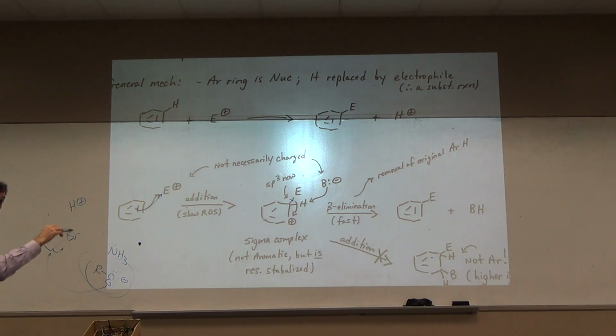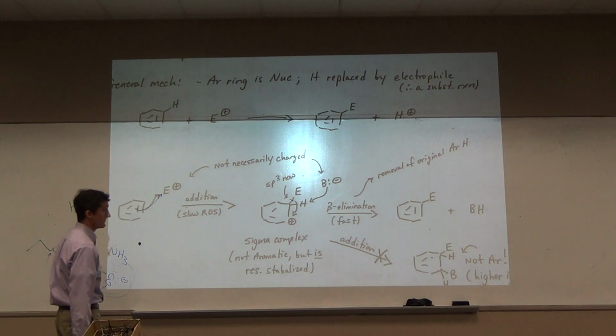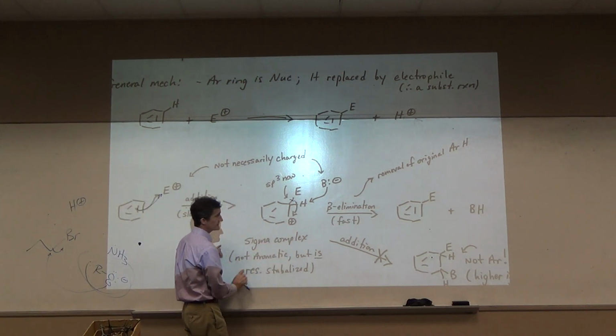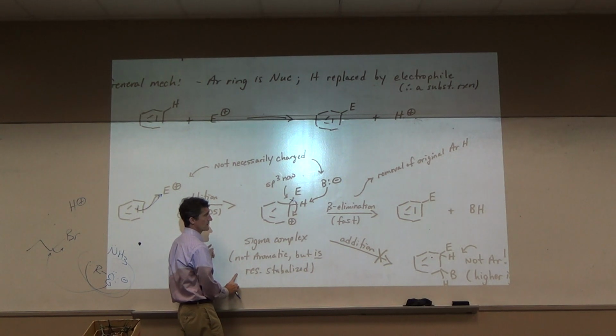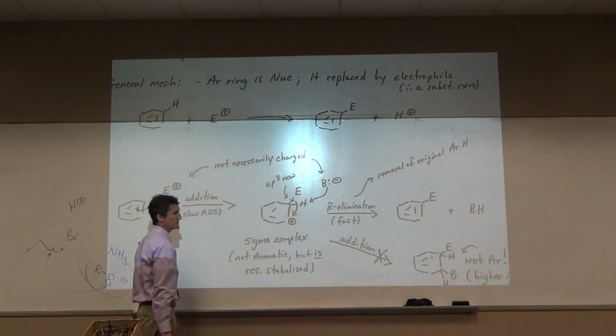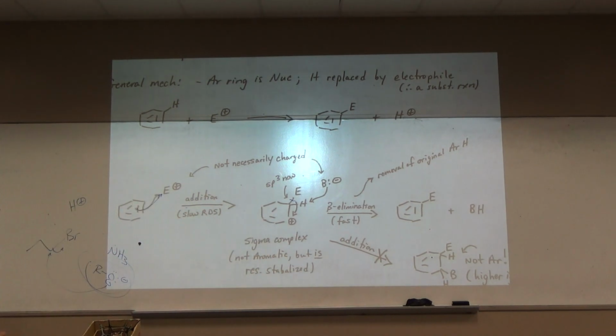So the ring is not fully cyclic conjugated. The cation we made, though, is resonance stabilized. You should be able to draw resonance structures. Windshield wiper over, windshield wiper, okay? We'll be doing that plenty. Not going to do that now.